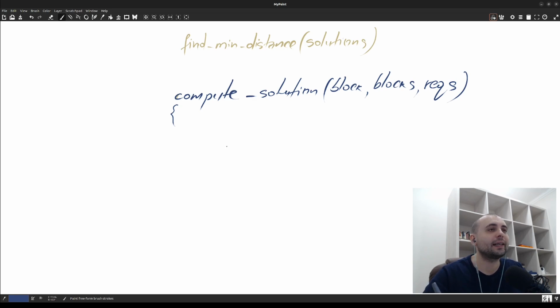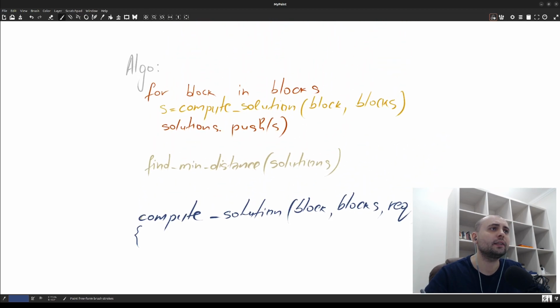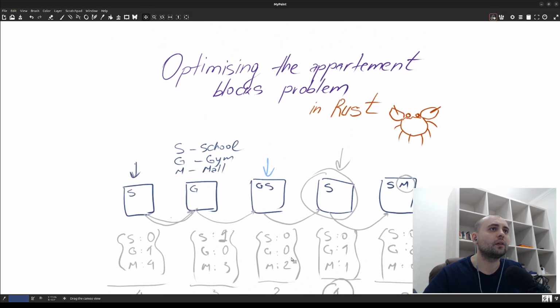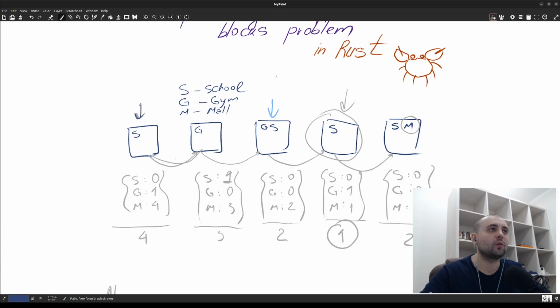As well, we need to take into consideration our requirements. Because, for example, in this case, everything was required. If you look here, our requirements were everything: a school, a gym, and a mall.